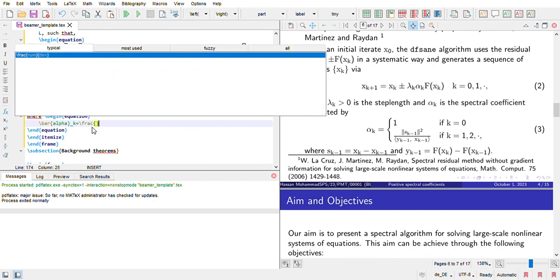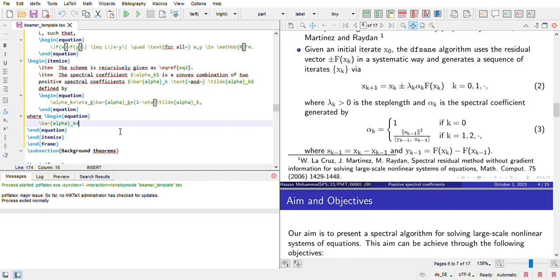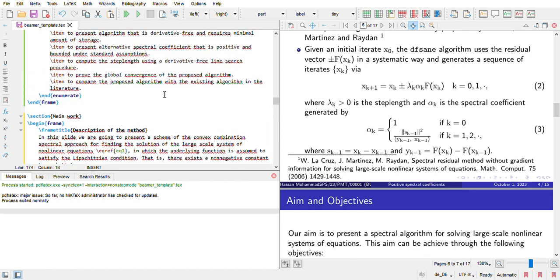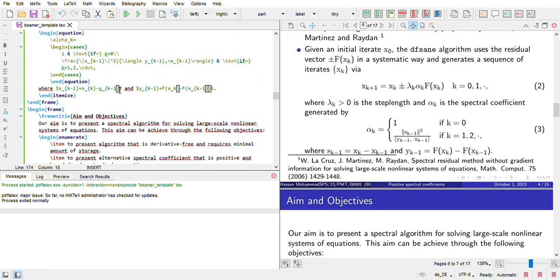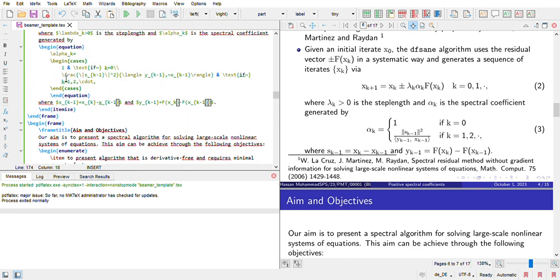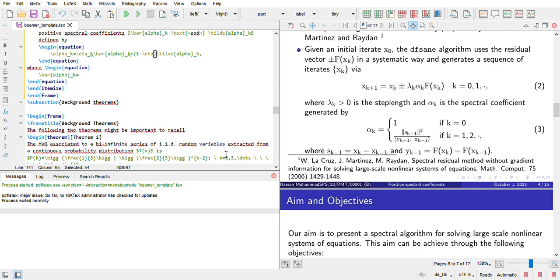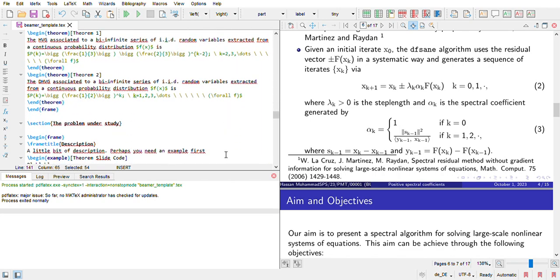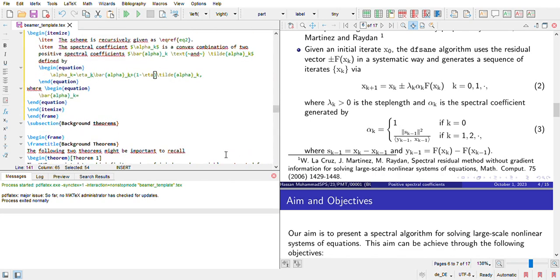Maybe let me just copy the previous one I have, then I will just modify it. I have it somewhere where I have written it, so I will just copy it, but it's not the same, so I will modify it. Alright, alpha k is equal to, this one is to the power 4, and this one is w now, not y.